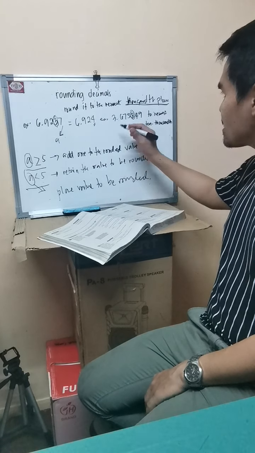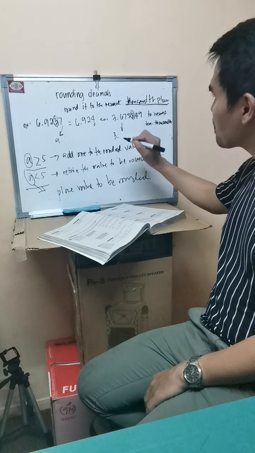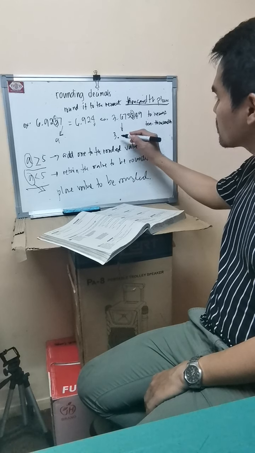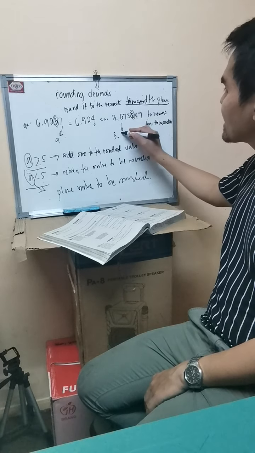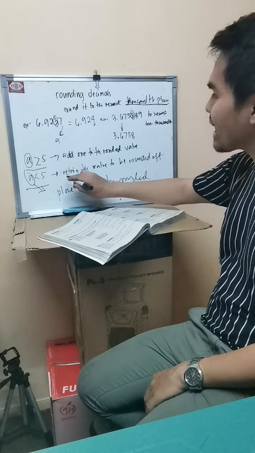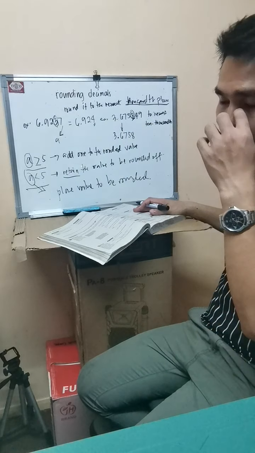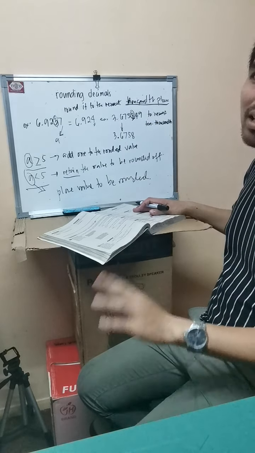So thus, this is equivalent to 3.6758. We will retain 8 because the number after 8 is actually less than 5.